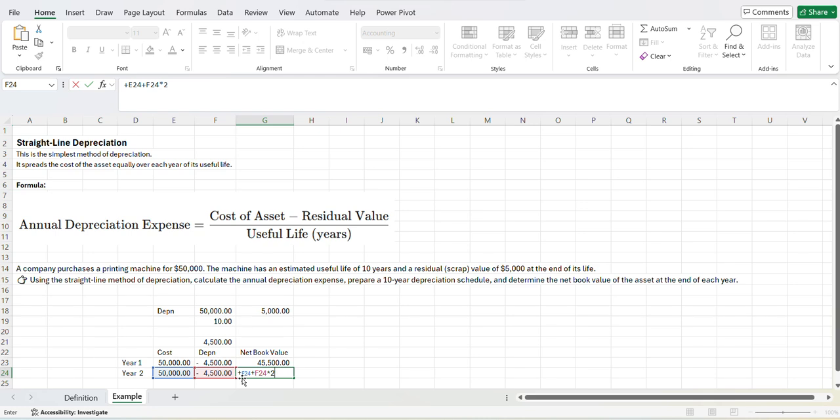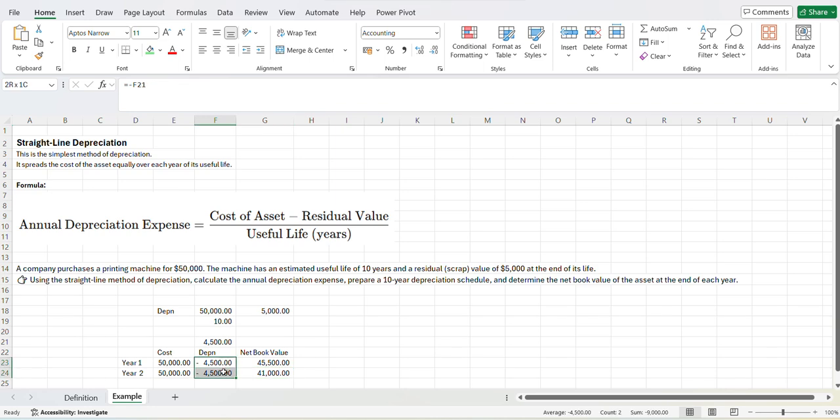That is the accumulated depreciation. So at the end of year 2, the net book value will be 41,000. And accumulated depreciation is 9,000.